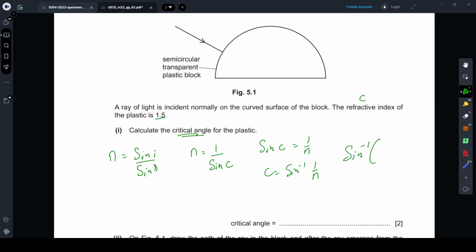Sine inverse of 1 over 1.5. It should be 41.8, which we can take as 42 degrees.